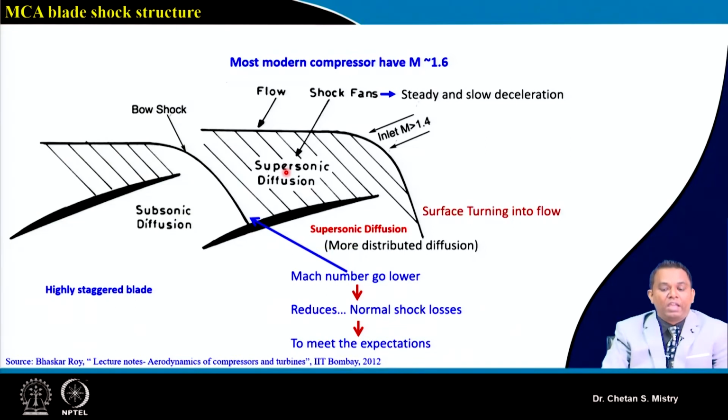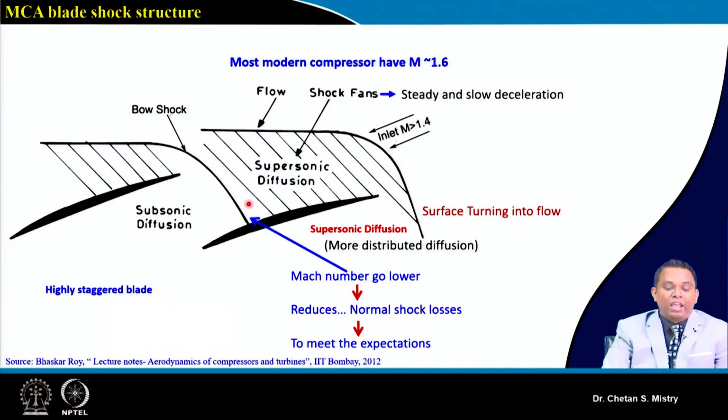They are steady, and if we look carefully, because of the formation of these shock fans, my flow is initially supersonic, and slowly it gets decelerated. When it reaches the passage shock, it will have a low supersonic Mach number in this particular region, and from there it is subjected to a normal shock, and downstream we will have subsonic flow.